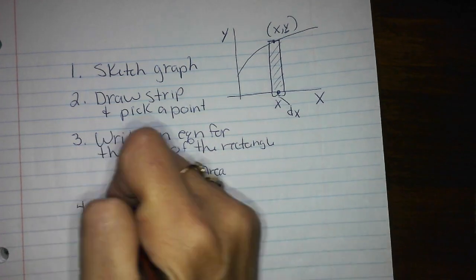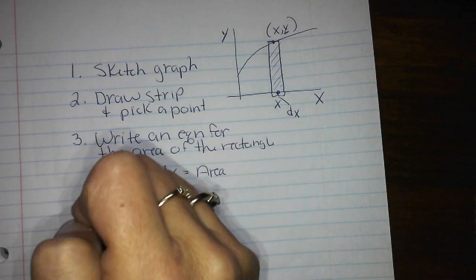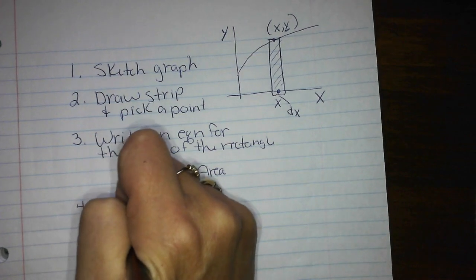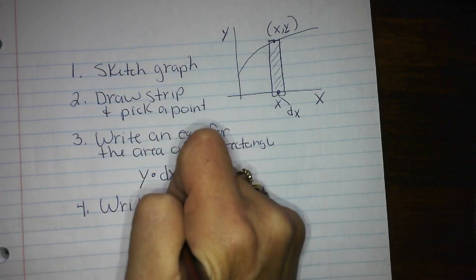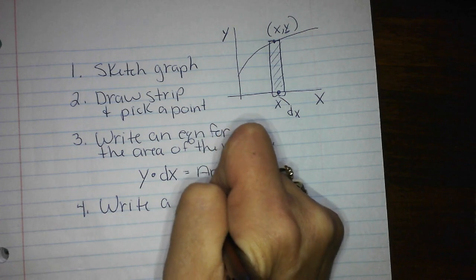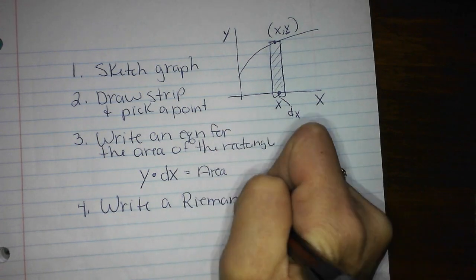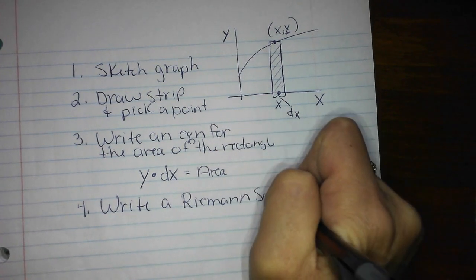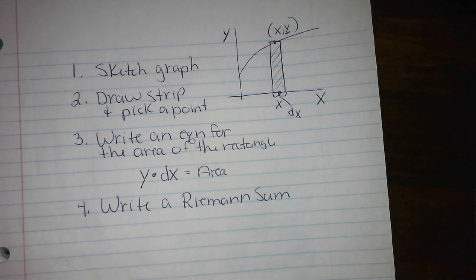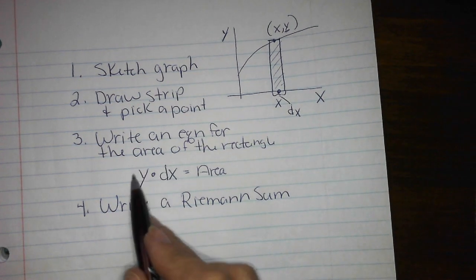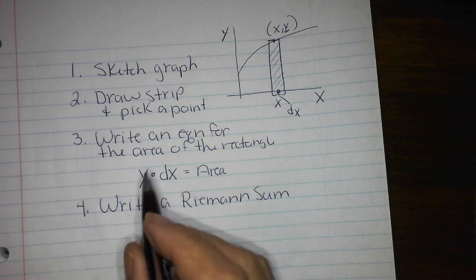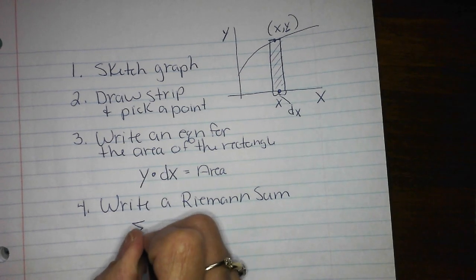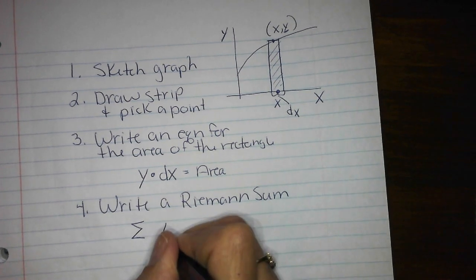Then they ask you to write a Riemann sum. All that is taking your multiplication here and putting that sigma, that summation, in front of it.